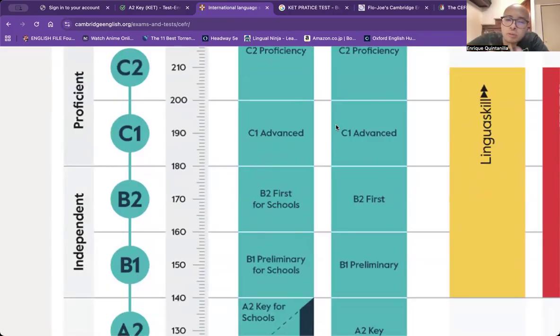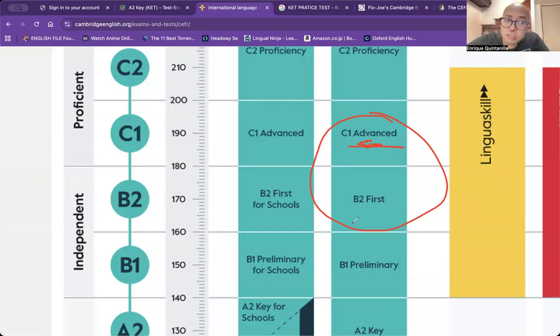For example, your teacher, Enrique, is stuck at this level. So I am in between them because I have presented B2. Unfortunately, I haven't passed this level yet, but I am planning to do it in the future. They are totally different, as I said before, from the exams that we check.